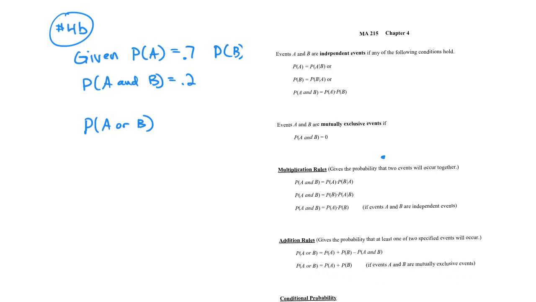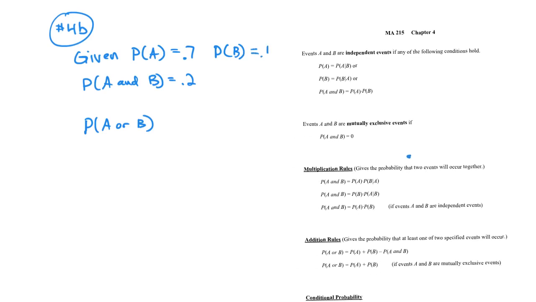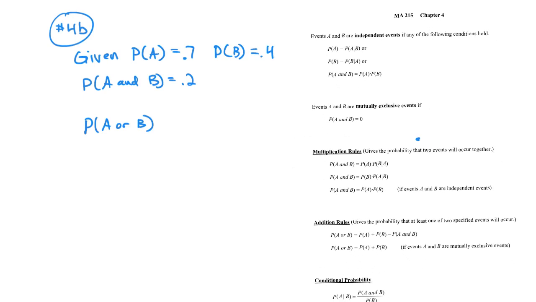So to see if they're mutually exclusive, let's take a look at what we've got here. The probability of A and B is 0.2. This means that A and B can both happen, right? There's a 20% chance that they both happen, which means they are definitely not mutually exclusive.